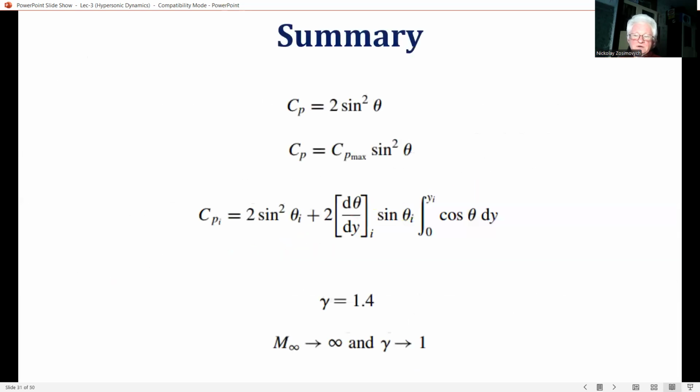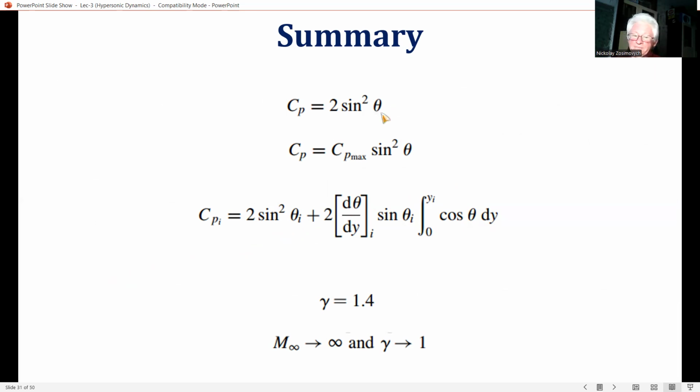Now let's come to the summary. In this lecture, we have dealt with hypersonic local surface inclination methods. Such methods predict the local surface pressure as a function of the local surface inclination angle, theta, relative to the free stream direction.